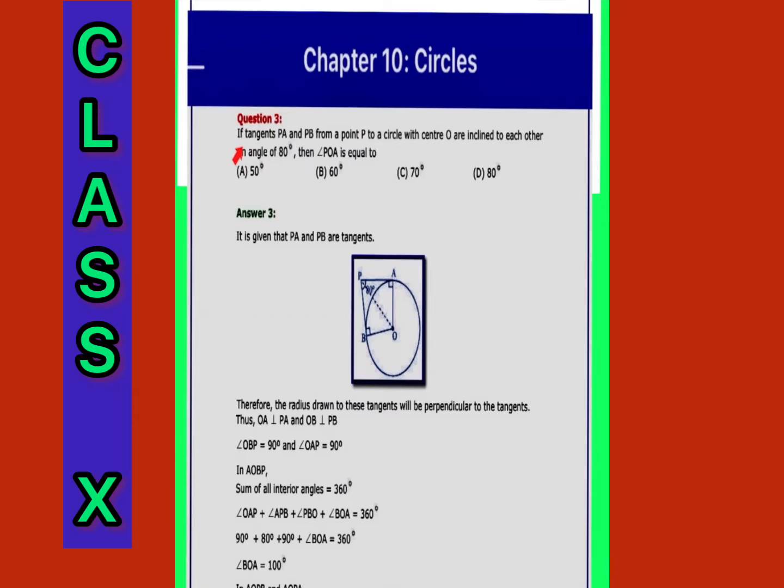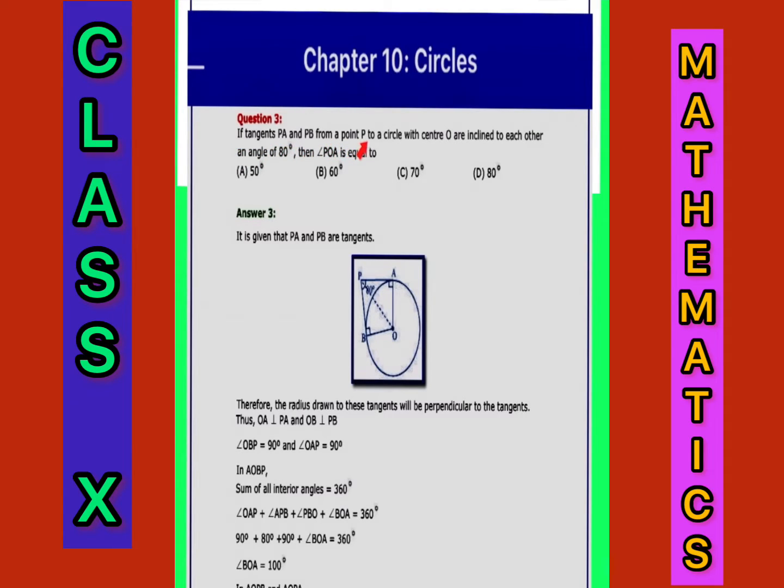Exercise: if tangents PA and PB from a point P to a circle with center O are inclined to each other at an angle of 80 degrees, then angle POA is equal to what? The answer of this question is 50 degrees. But how? Now we can see the solution.